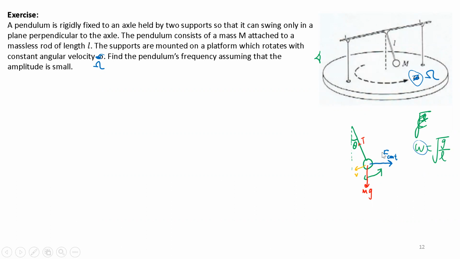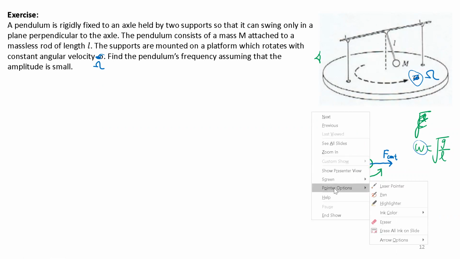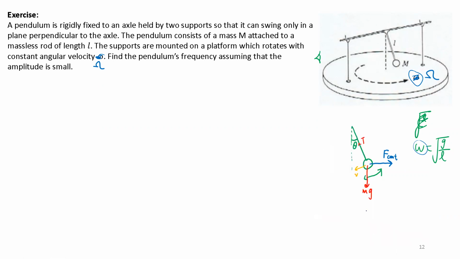And the Coriolis force, if you do omega cross v, this would be the omega vector. So you know that omega cross v must be a vector that is perpendicular to this page.